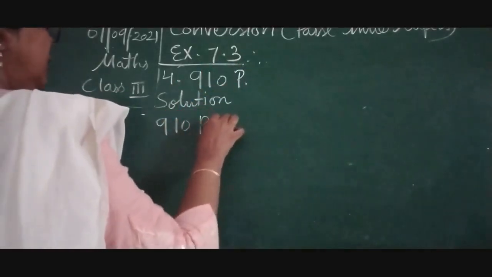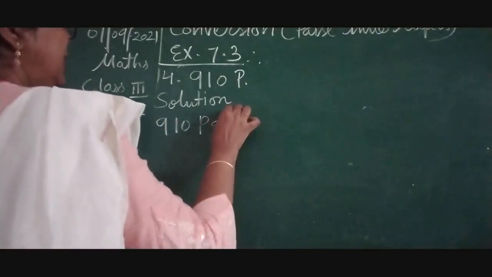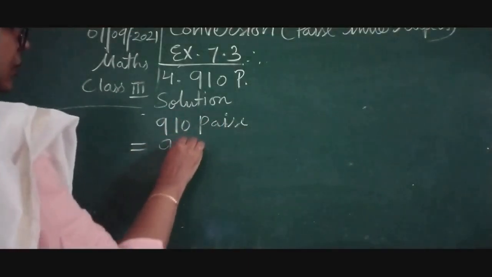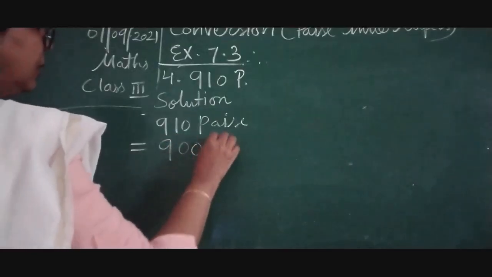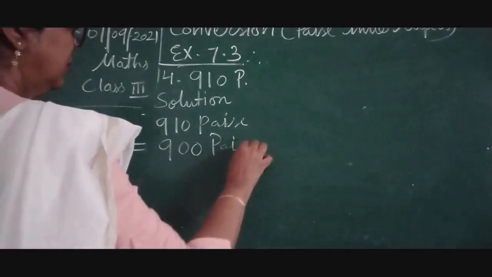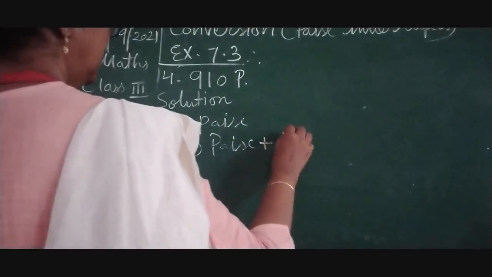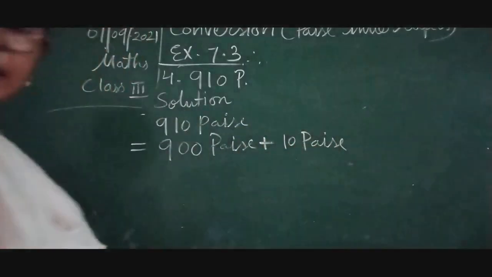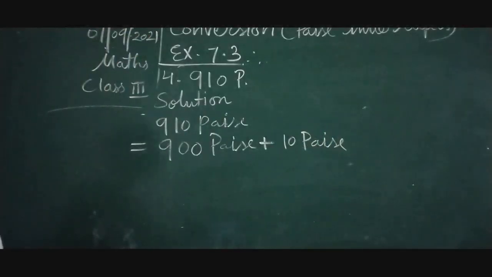910 paise. Now we are going to write the solution. 910 paise equal to 900 paise plus 10 paise.